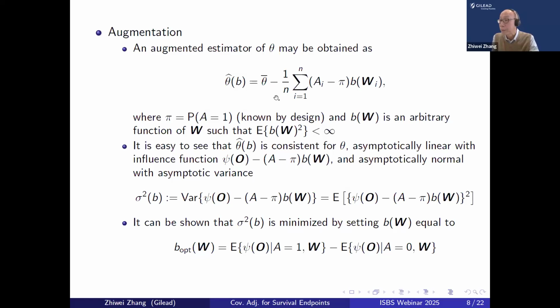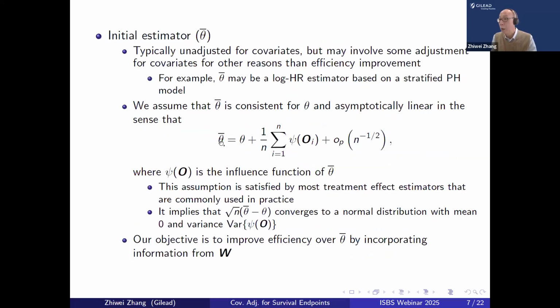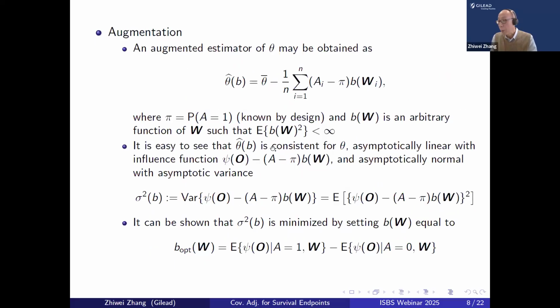Now, if we plug in the asymptotically linear representation of theta bar, we'll see immediately that the augmented estimator is also asymptotically linear with this influence function, right? The initial influence function minus this extra term. And therefore, it's asymptotically normal with this asymptotic variance.